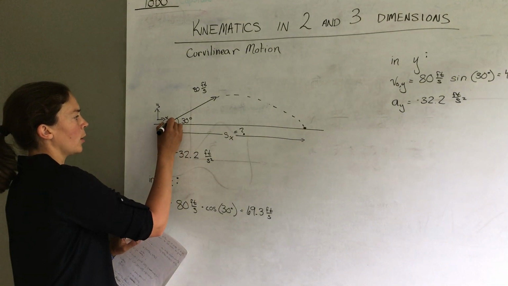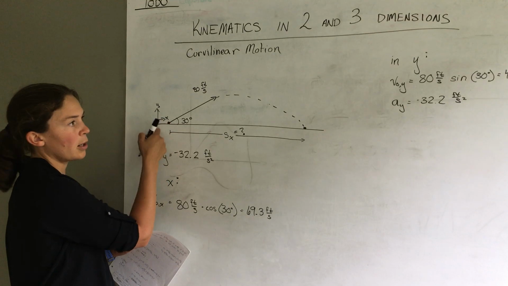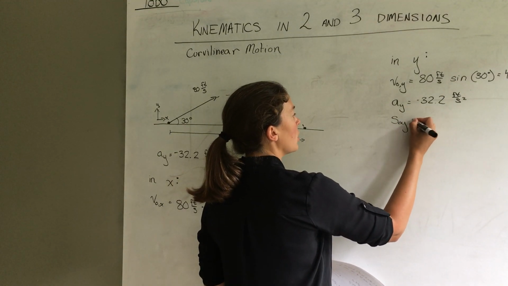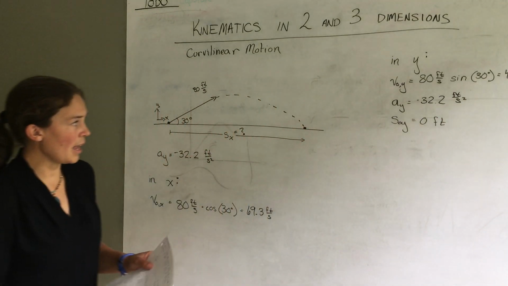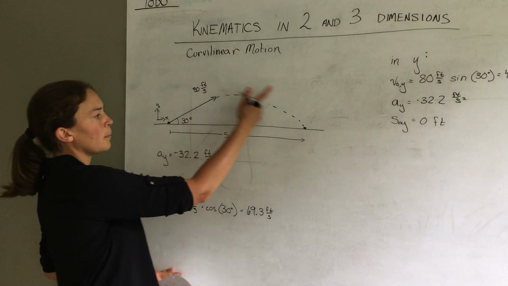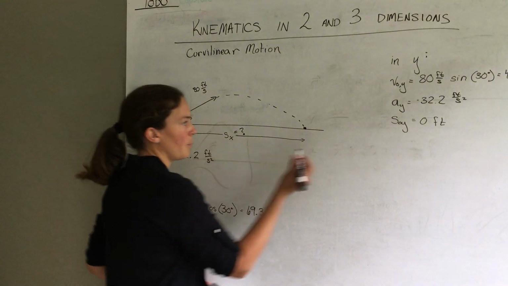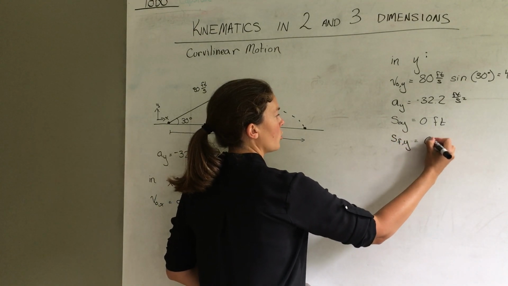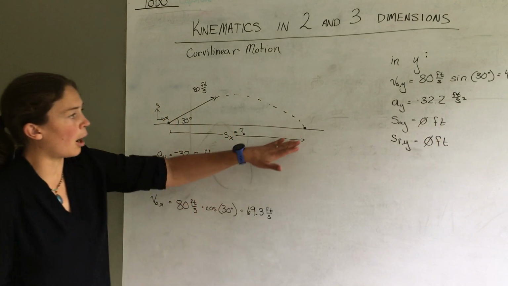I'm going to call my origin exactly where it starts, so my initial position in the y direction is 0 feet. The other thing that is really helpful in this problem is that the final position in the y direction is also 0 feet.